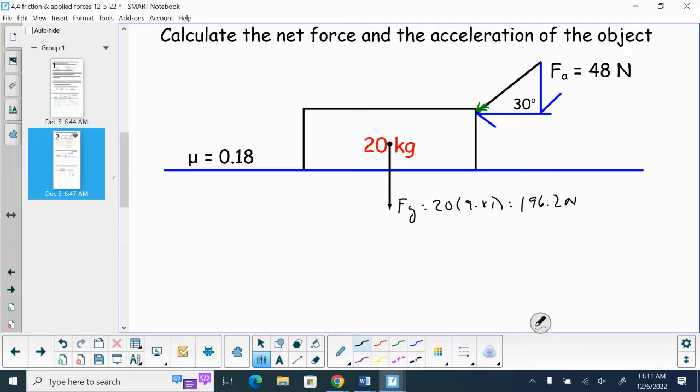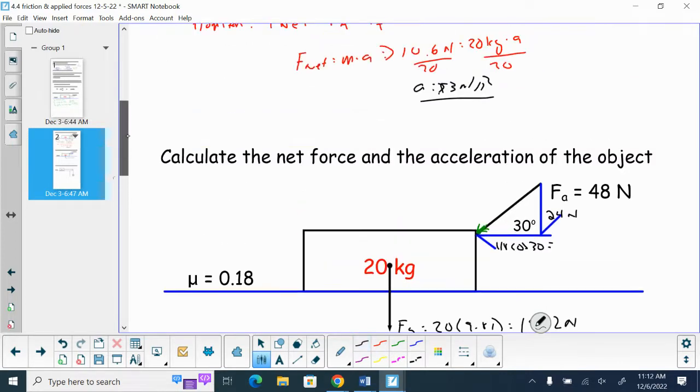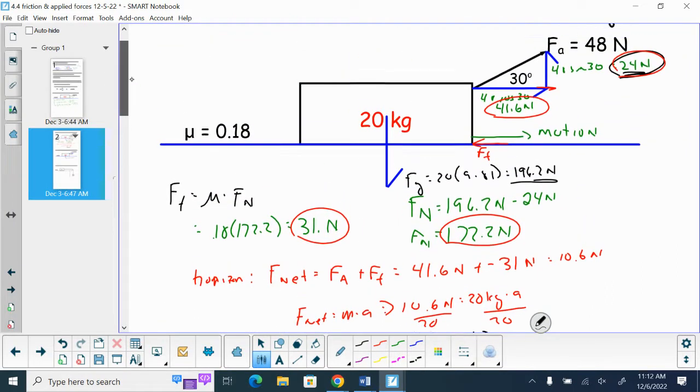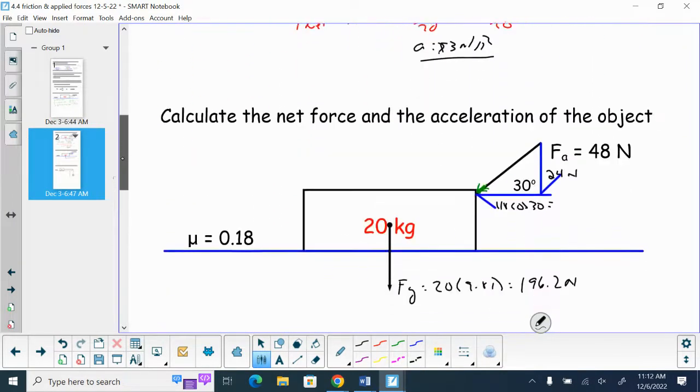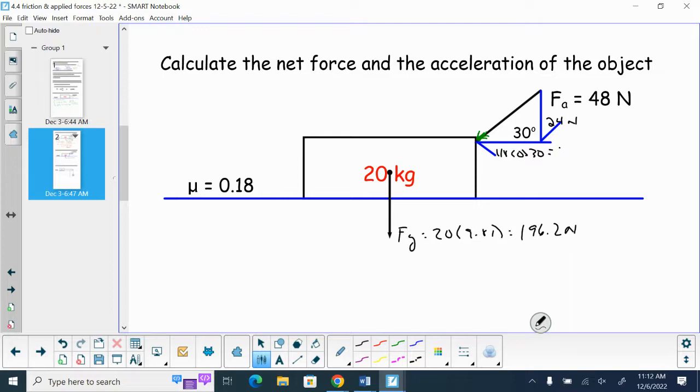But now if we take a look at resolving our two forces, we now have 24 newtons here, and we have 48 cosine of 30 here, which will still give us the same amount of what we had up above, 41.6 newtons.